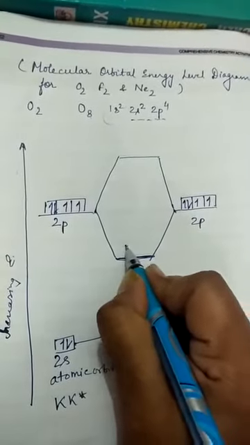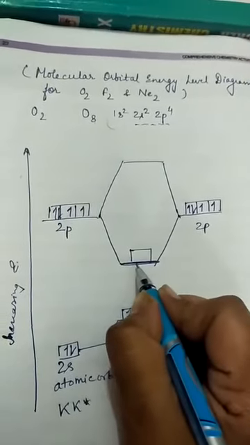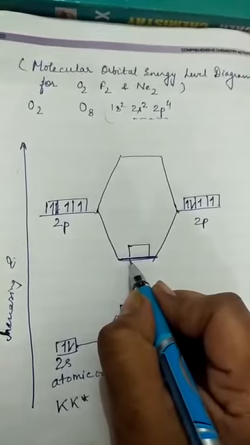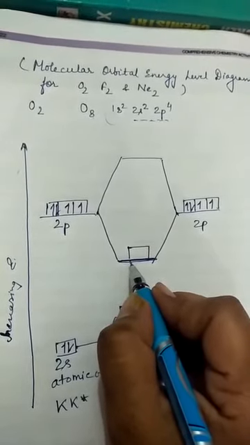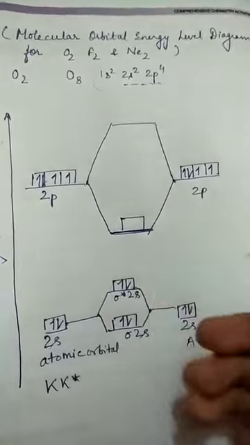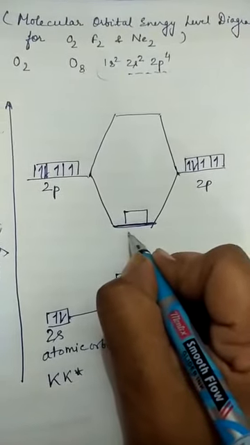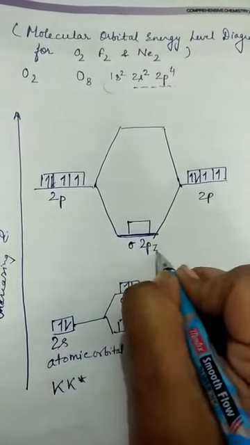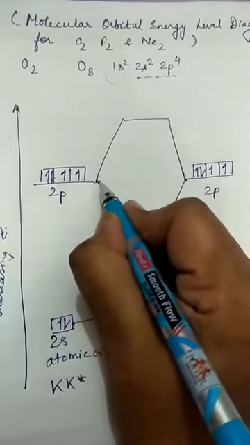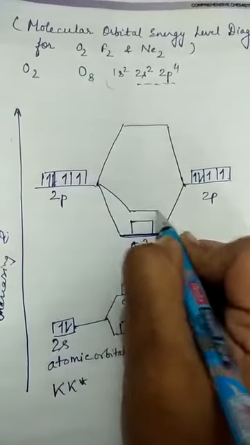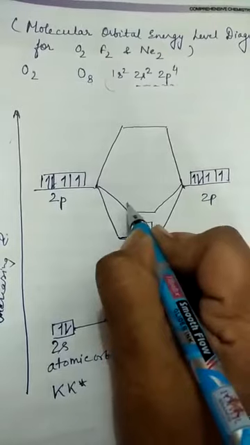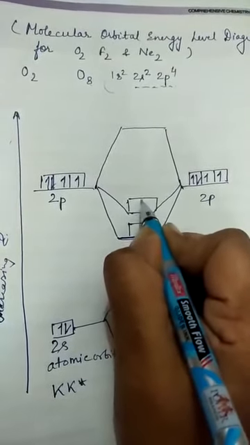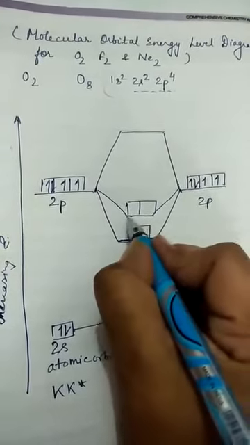So students, in case of nitrogen, we had pi 2px and pi 2py below, right? But now in case of oxygen, we will have sigma 2pz, and the pi 2px and pi 2py are raised here.